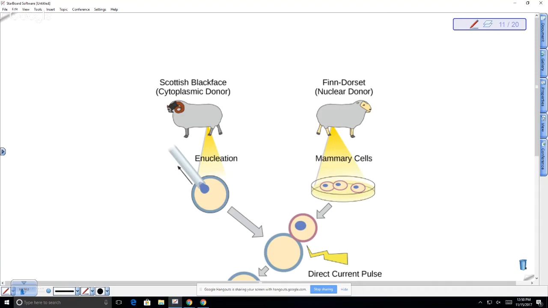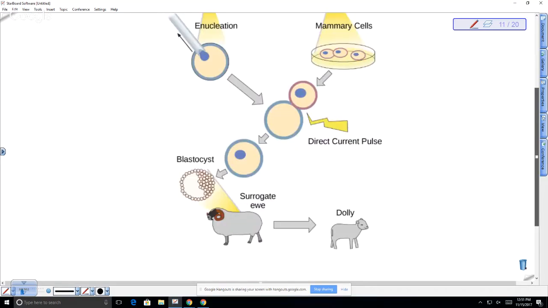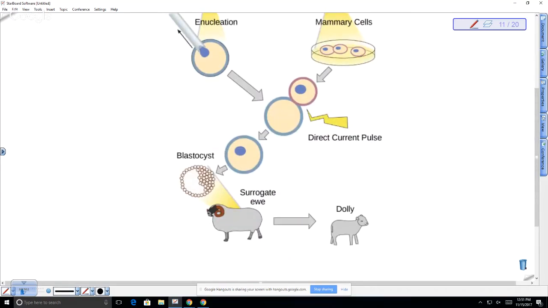The nucleus was added to the egg. They give it a shock, right? They produce an embryo. They put the embryo into the surrogate, and then Dolly was born. And she was of the same breed as the nuclear donor.